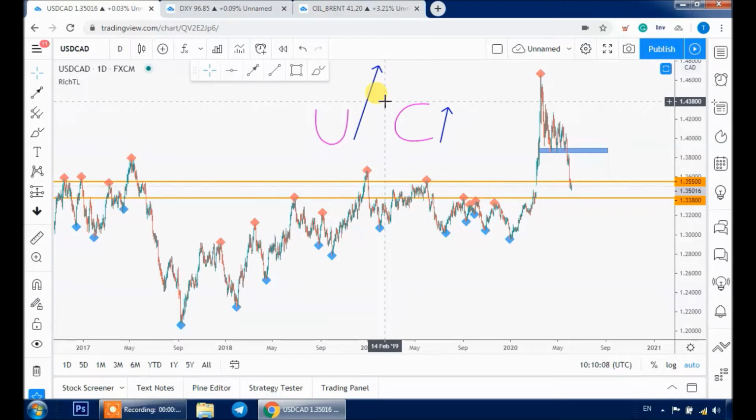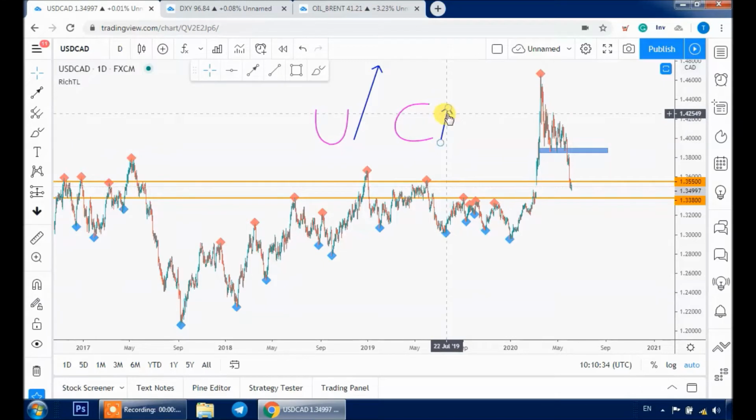The reason why we'll check these two is because the DXY is the USD index. So if the DXY goes up, then the currency of US dollar will go up, and Brent oil and CAD are highly positively correlated. So if we can expect a downward movement on Brent oil, then we can expect a downward, bearish movement on CAD.